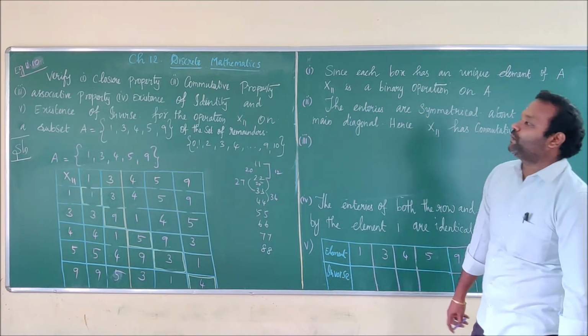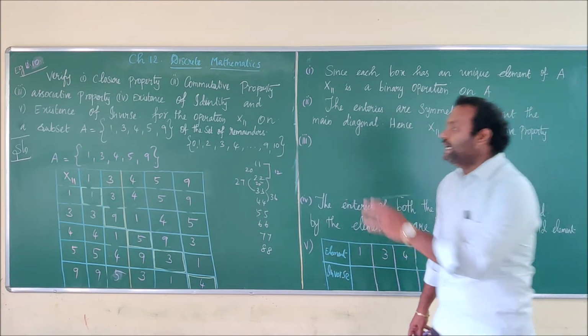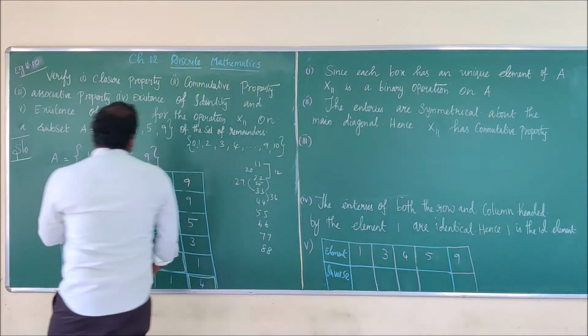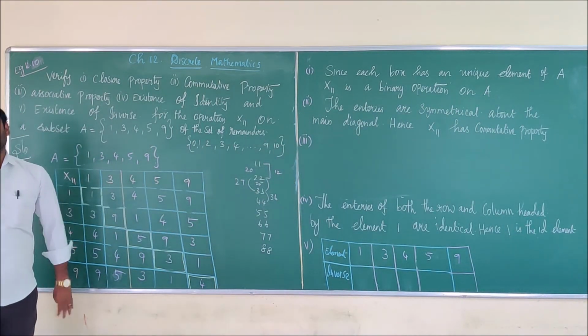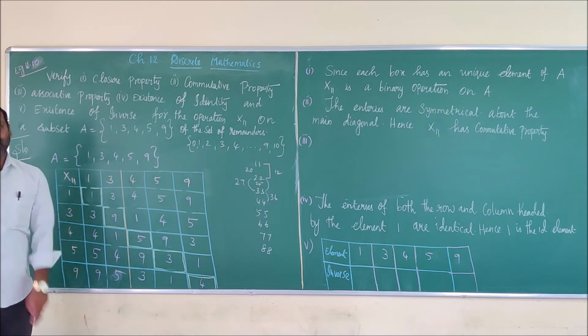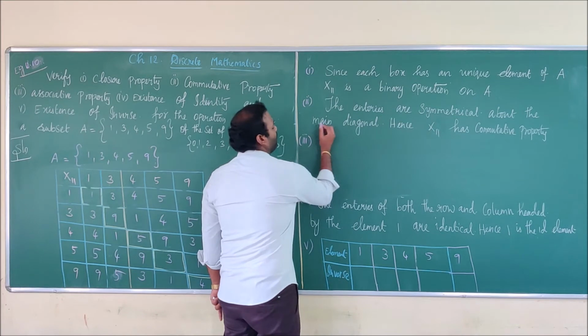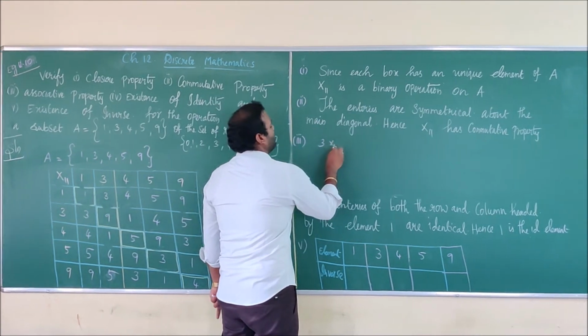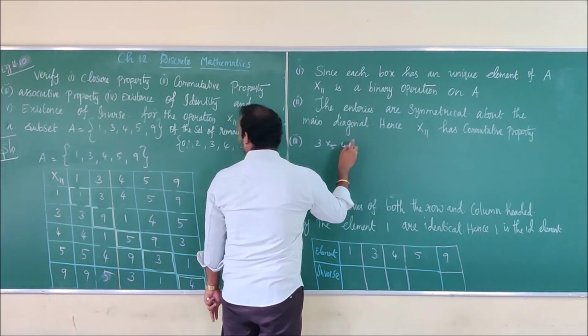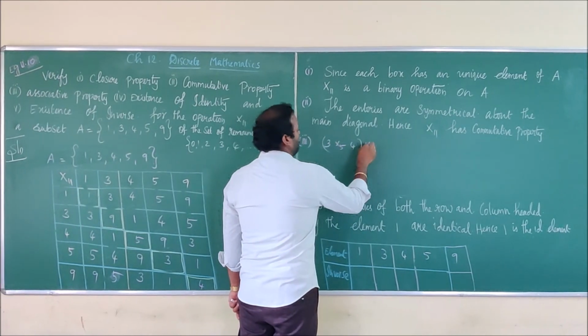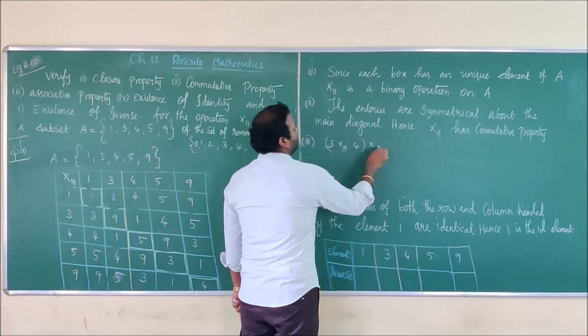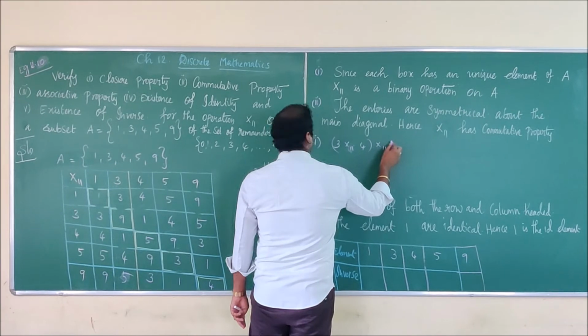Next we are going to check the associative property. In order to check the associative property, you have to take three numbers, whatever the numbers may be. Let me take the numbers 3, 4 and 5: 3 under multiplication modulo 11 of the bracket 4 under multiplication modulo 11 5.